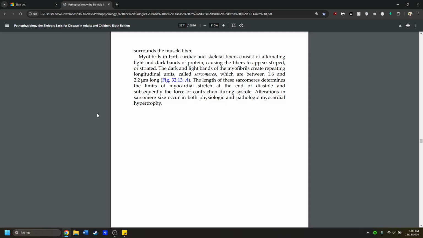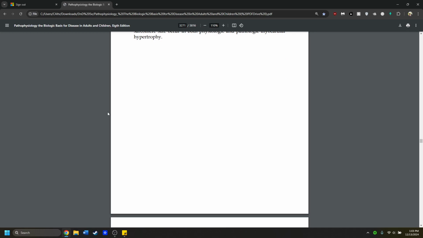The length of these sarcomeres determines the limits of myocardial stretch at the end of diastole, and subsequently the force of contraction during systole. Alterations in sarcomere size occur in both physiologic and pathologic myocardial hypertrophy.